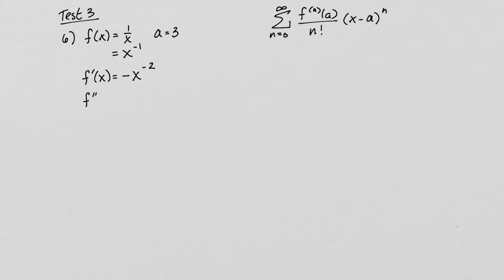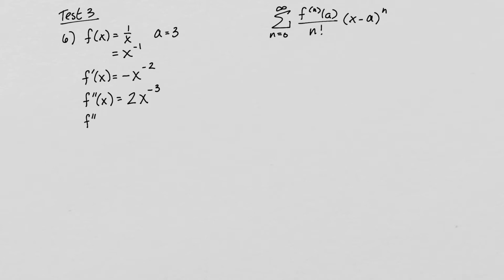What about the second derivative? It's going to be x to the negative 3, but remember the negative 2 is going to come down in front. So negative 1 times negative 2 gives me a positive 2, x to the negative 3.